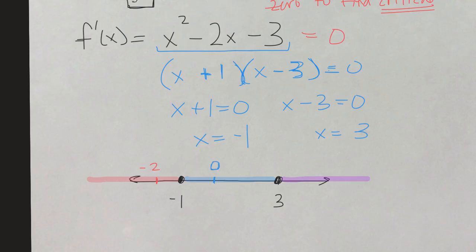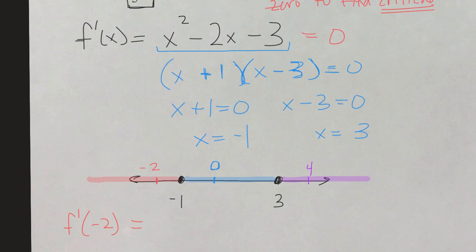Math with 0 is really easy, so let's pick 0. And then a number bigger than 3? 4. Perfect. We are picking these values so that we can check whether our derivative is positive or negative at that particular point.